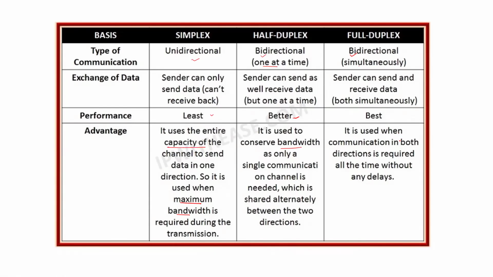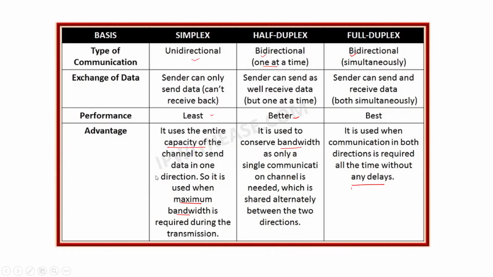But in case of full duplex, both can communicate simultaneously. So finally, both direction communication is possible, and delay is less, or almost none. It depends upon which type, like 4G, 5G, 6G, we are using. On the basis of that, delay will be reduced. So this is the basics about types of communication.